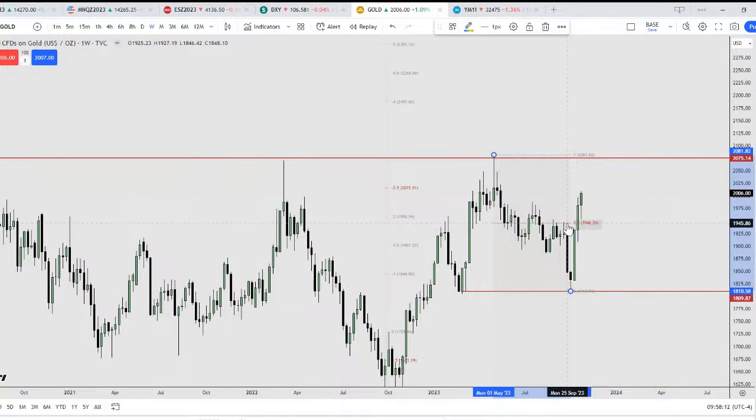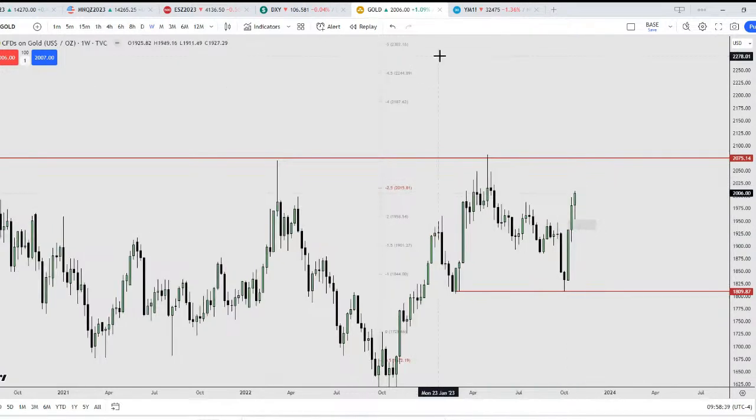Because I'm anticipating this to be a reversal to take out this high, the high that formed this low here, I want to see parabolic price action moving towards this high. Very little time is going to be spent doing so, and with this information you can forecast what's going to happen next for the world events.